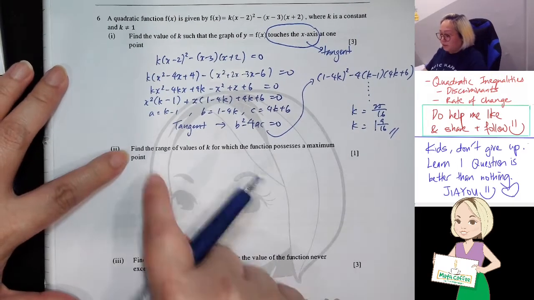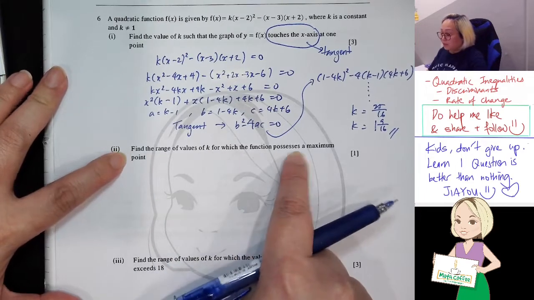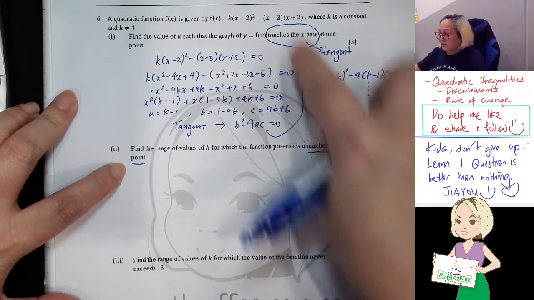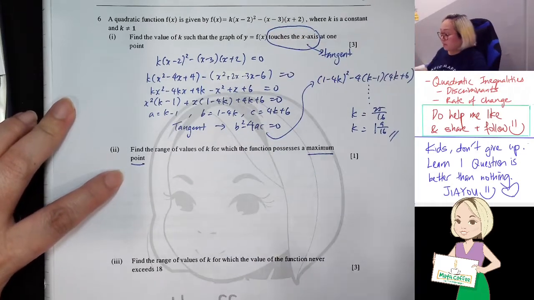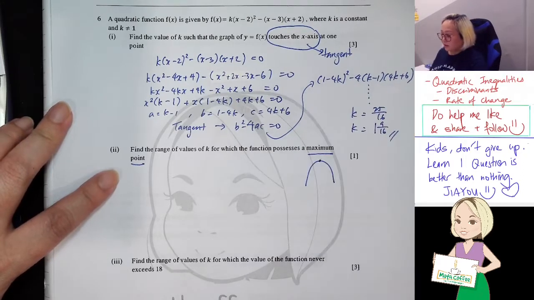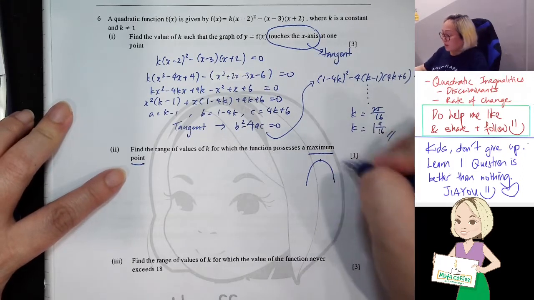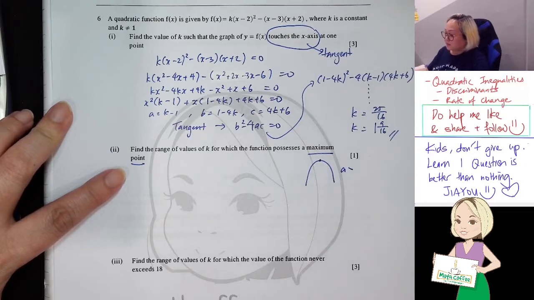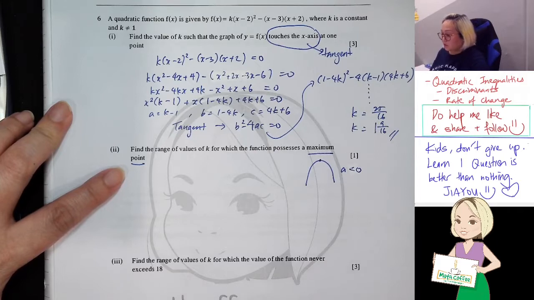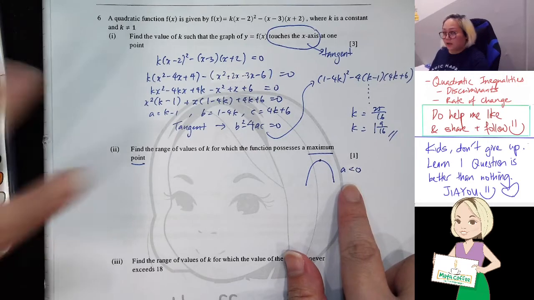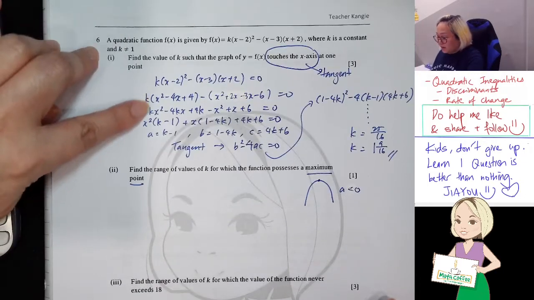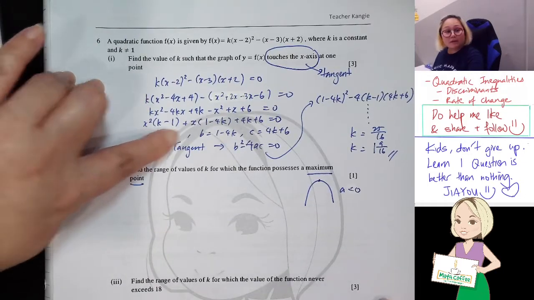Next, they tell me, find the range of k for which the function possesses a maximum point. If the curve has a maximum point, what does that mean? Maximum point means it's a sad face. And when it's a maximum point, your A is less than 0, because it's a sad face. So come back to here. My A is k minus 1.